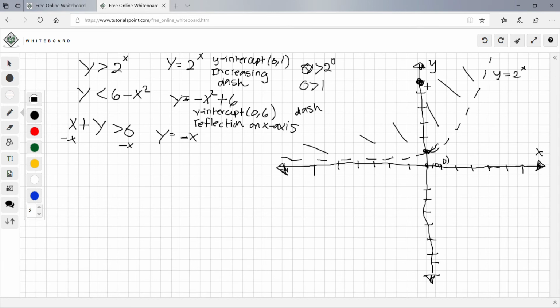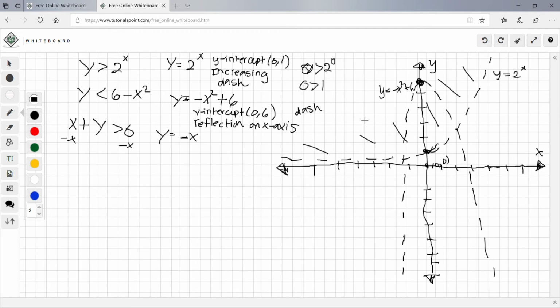So it will look something like this. So we could call this y equals negative x squared plus 6.